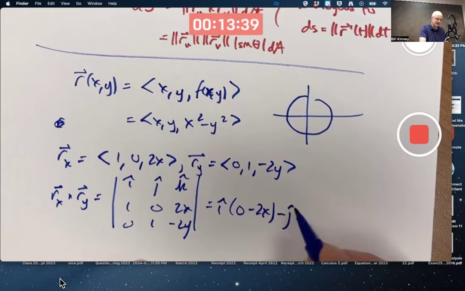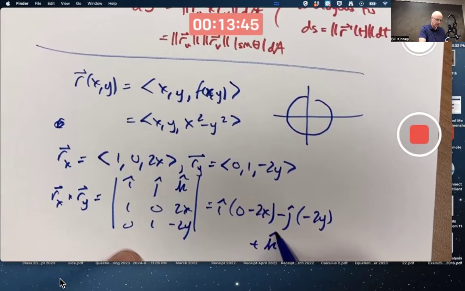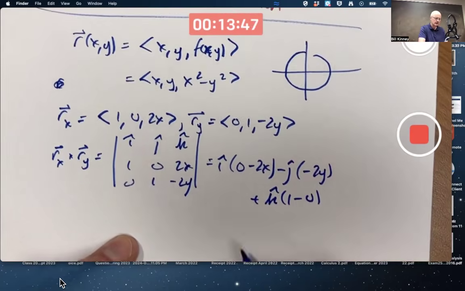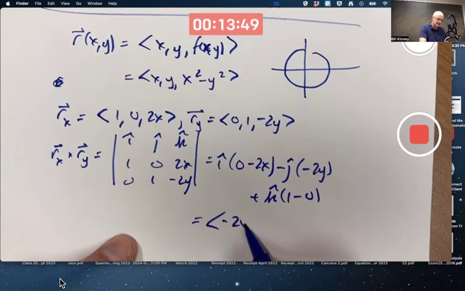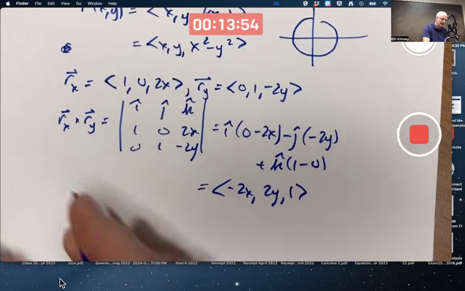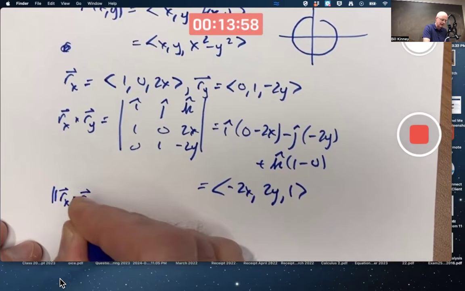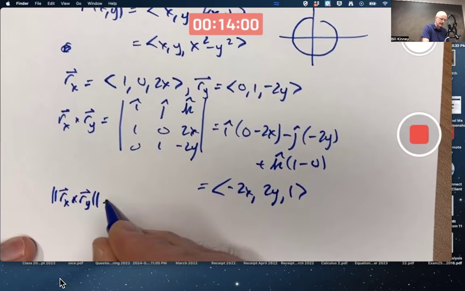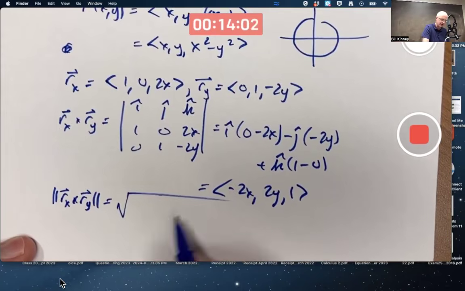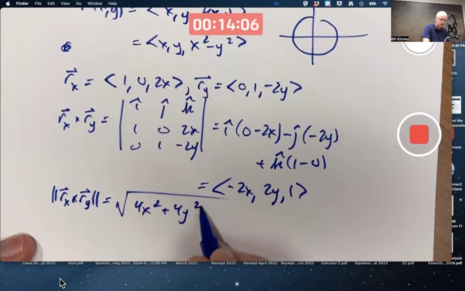I'm just trying to get the right answer for the cross product by hand here. Looks like it's going to be negative 2x, positive 2y, 1, if I did not make a mistake. And the magnitude of that is the square root of this thing dotted with itself. That'll be the square root of 4x squared plus 4y squared plus 1.